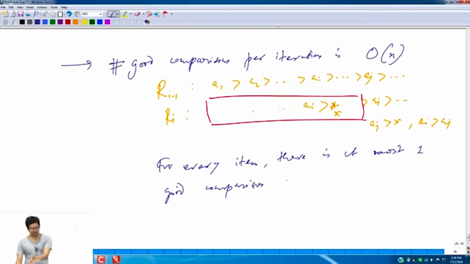Because once you have a good comparison, you have already found its appropriate place in the insertion sort. So for every item there is at most one good comparison, and there are n items. So there are big O of n, at most n, good comparisons. You do not need big O of n either: the number of good comparisons per iteration is at most n. Sure?